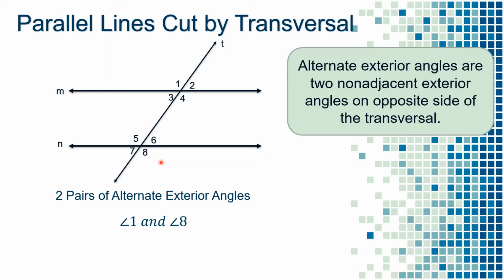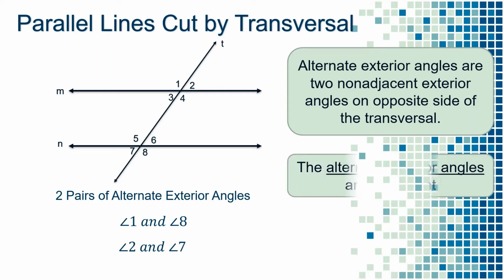Can you name another one? Correct. We have angle 2 and angle 7. Now, what can you say about alternate exterior angles? Correct. Alternate exterior angles are congruent.